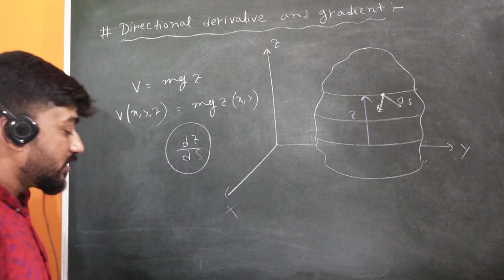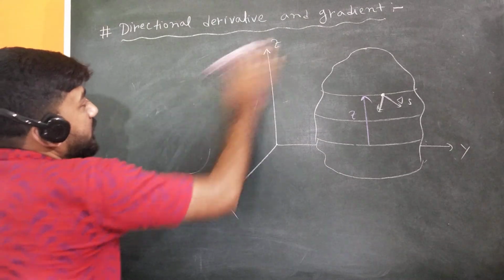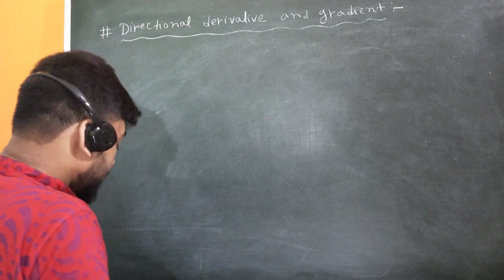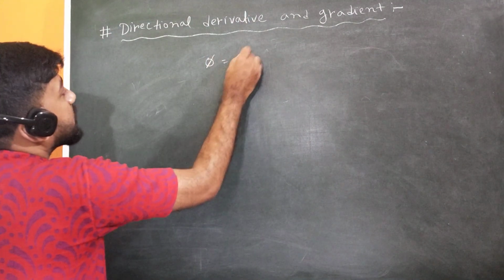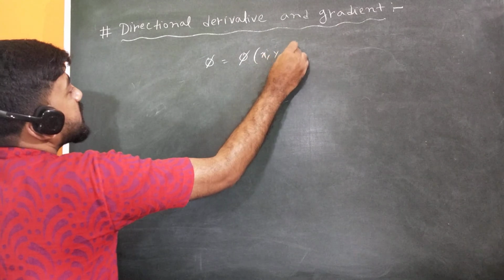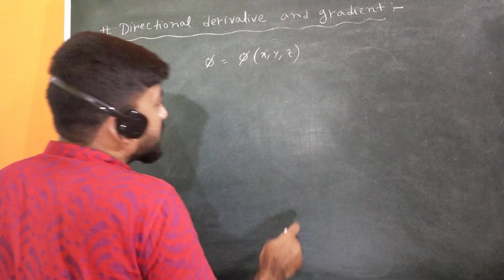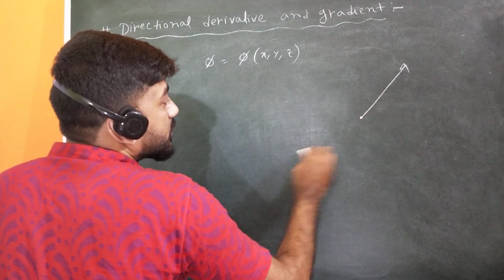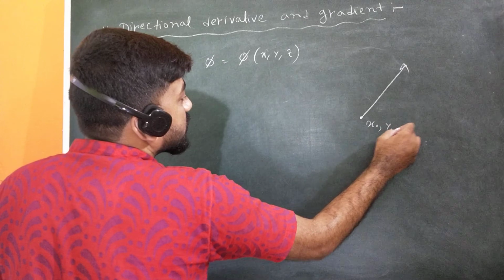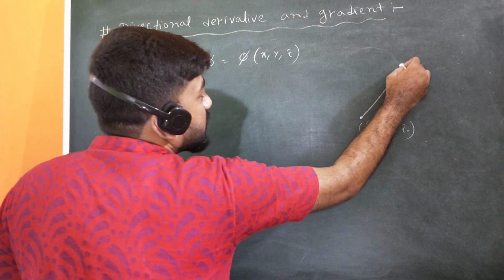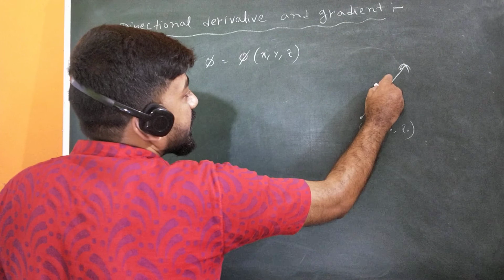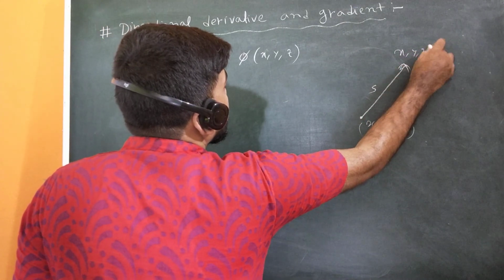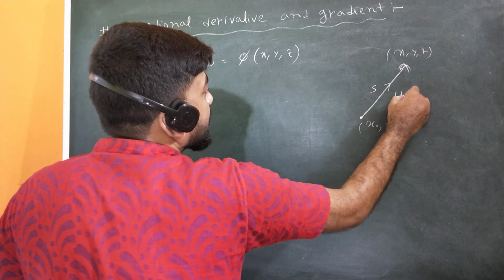So let me take a general function, phi of x, y, z, and suppose we need to find the directional derivative along a direction passing through the point x0, y0, z0 to a certain point at a distance s. If you have a point x, y, z, along this direction the unit vector is u cap.